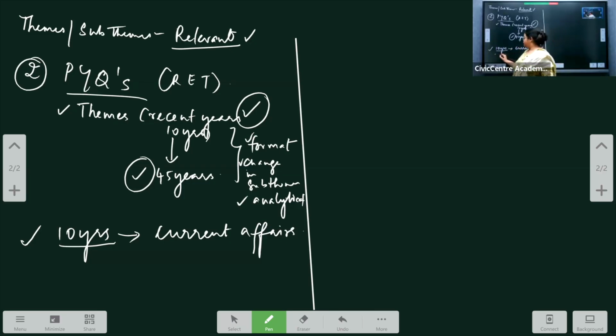And you might have observed one more conclusion could be that they are more statement based questions rather than direct questions, right?